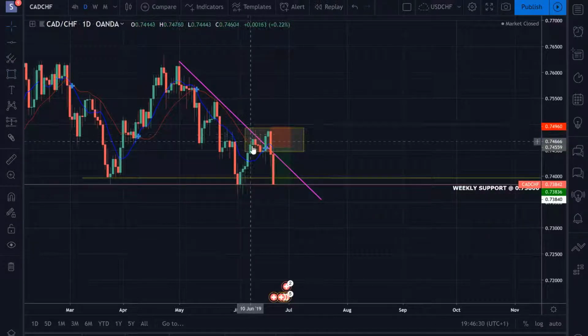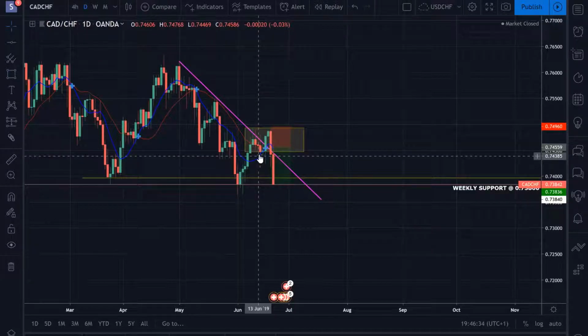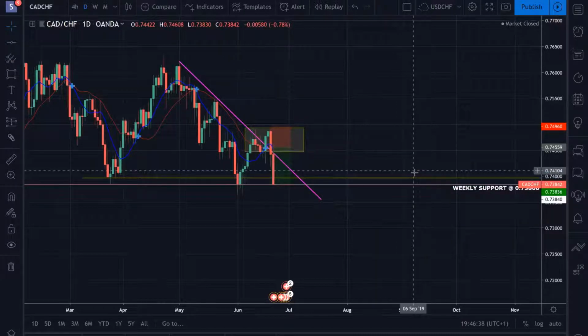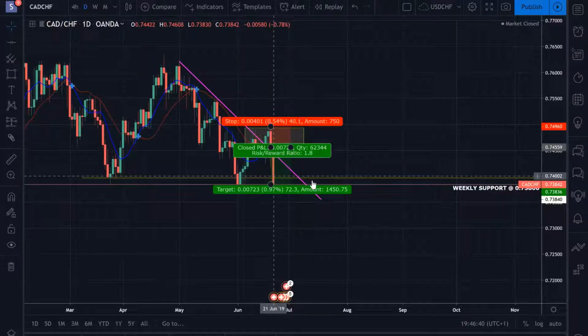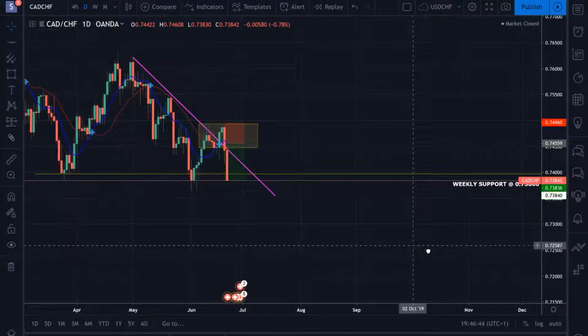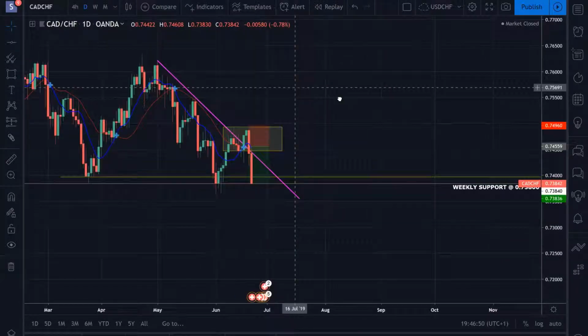And CADCHF price pushed up towards previous highs and then declined down to weekly support at 0.73800.